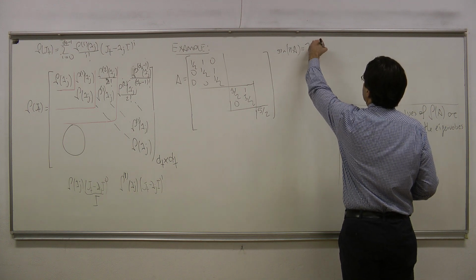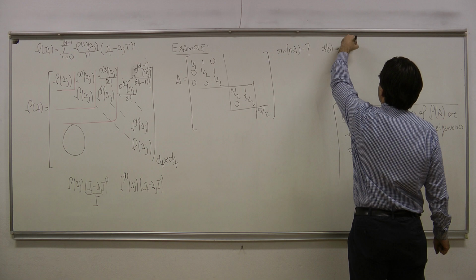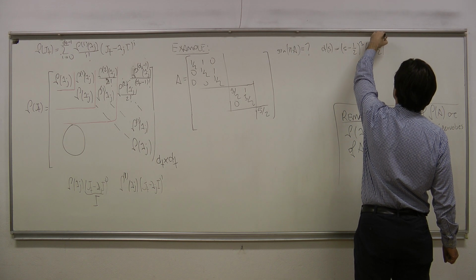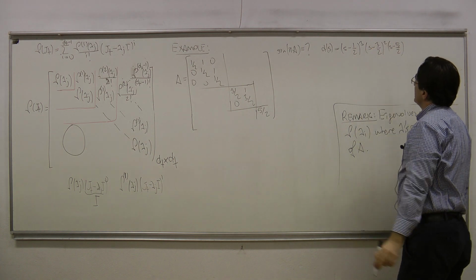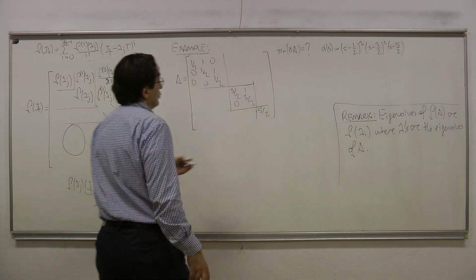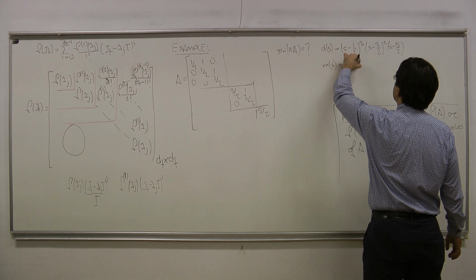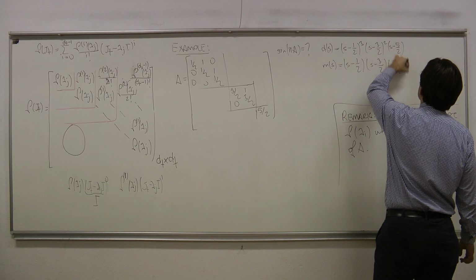You would calculate the characteristic polynomial, and that is going to be (s minus 1 over 2) cubed, (s minus 3 over 2) squared, and (s minus 5 over 2). This is the characteristic polynomial. What is the minimal polynomial? M of s would be (s minus 1 over 2), (s minus 3 over 2), (s minus 5 over 2), with some powers.